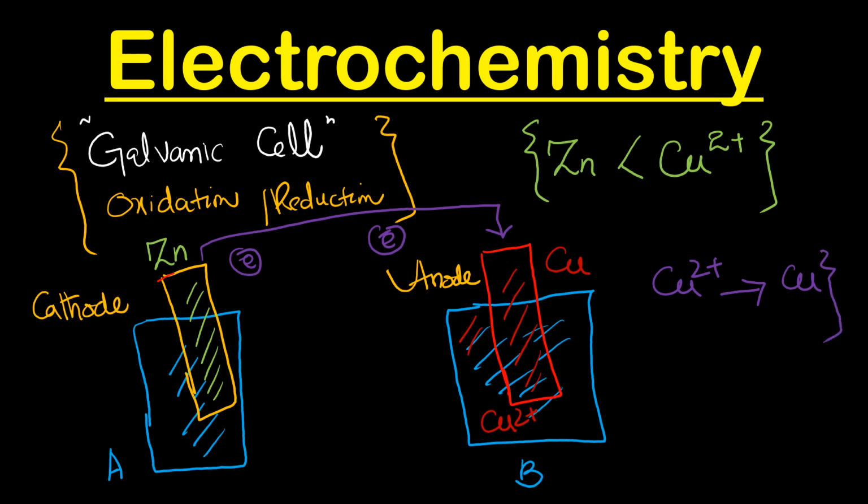So in this way, the transfer of electrons from zinc to the copper, due to the higher pull of the copper, will cause a generation of electricity.